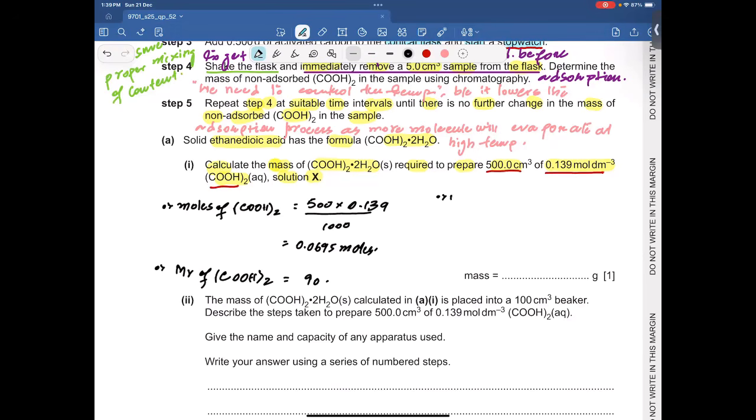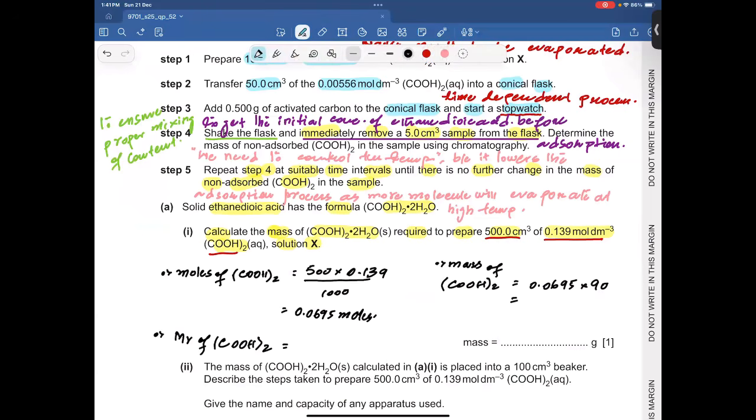So mass of ethanedioic acid would be how much? 0.0695 into 90 is going to be 6.290. My goodness, I have calculated Mr. That was the incorrect Mr I've calculated. Let me calculate it again.